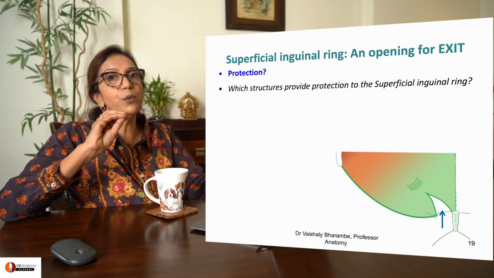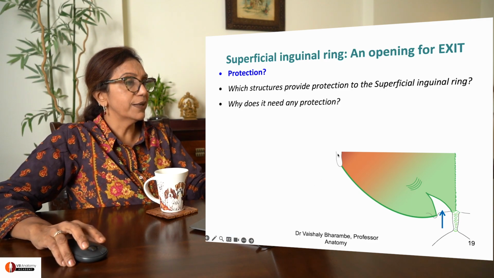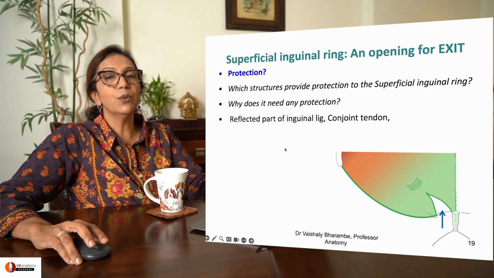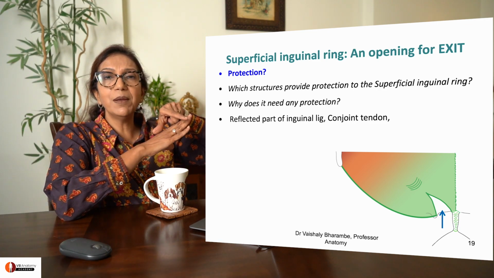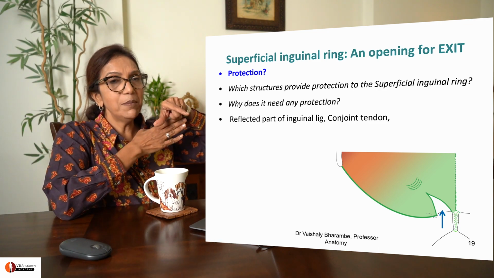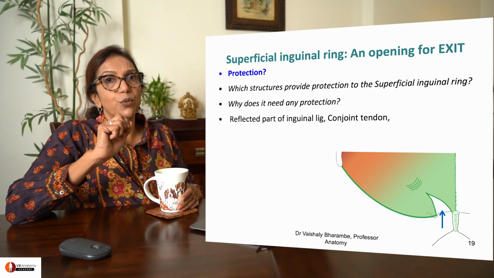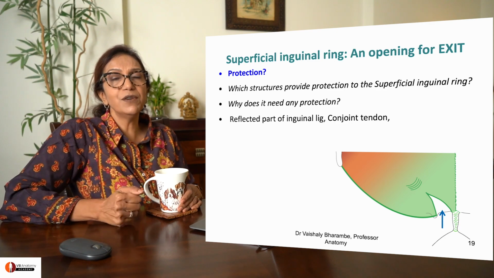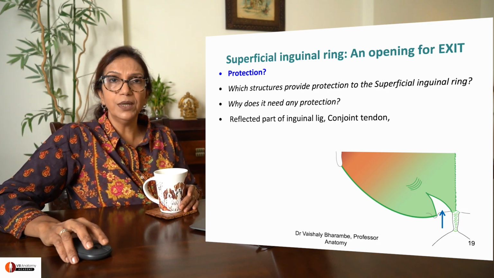How will you give protection? Let's take a look. Okay. So situated behind the superficial inguinal ring are the reflected fibers of inguinal ligament, and behind that is the conjoint tendon. These two structures provide protection to the superficial inguinal ring, preventing structures from passing through the ring.